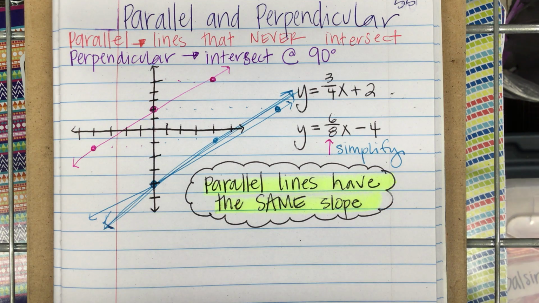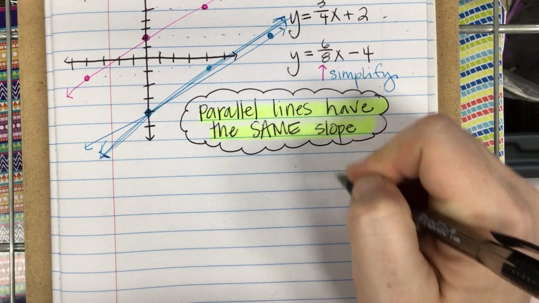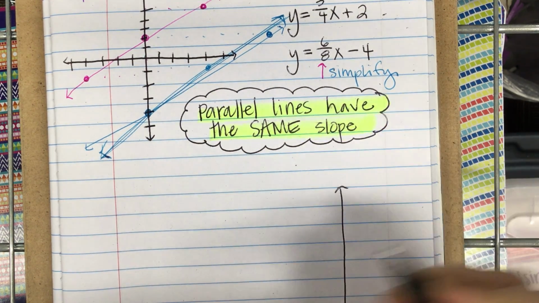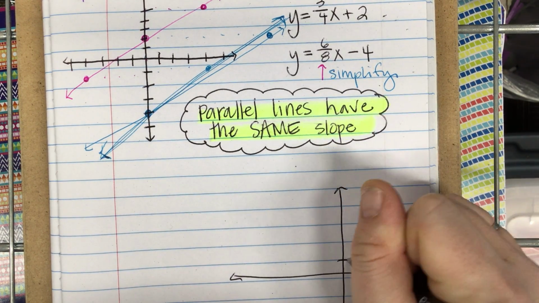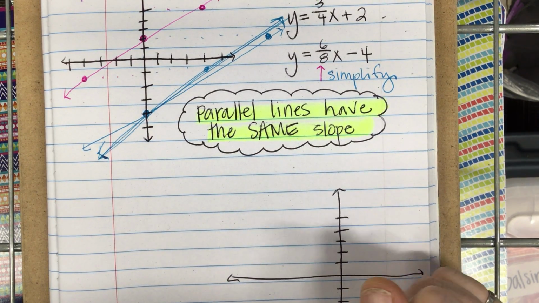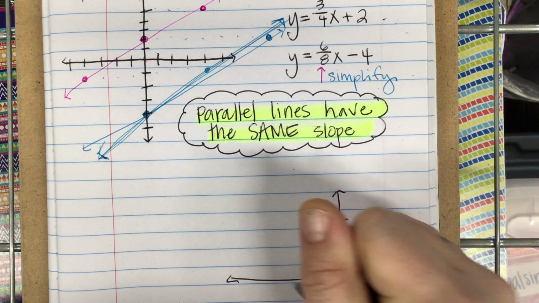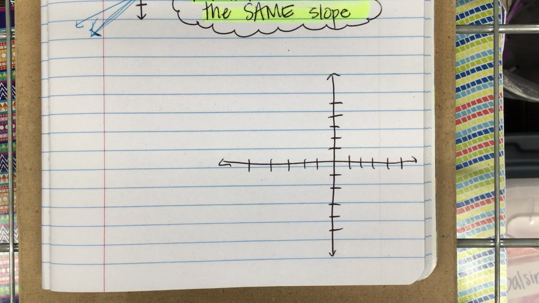So now let's do perpendicular. Let's do our graph on this side for perpendicular. Again, it doesn't have to be perfect, but it needs to be a decent graph. Got a little overzealous. That's okay.